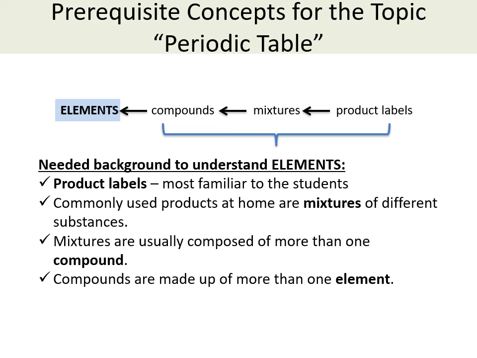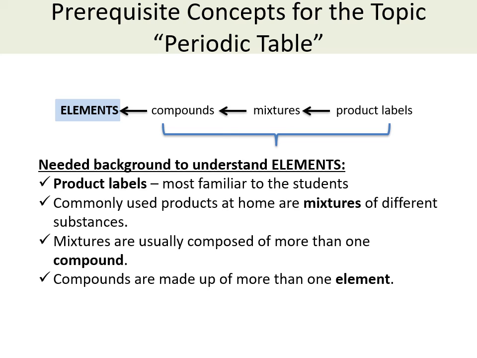Commonly used products at home are mixtures. Again, the commonly used products at home are mixtures of different substances. Mixtures are usually composed of more than one compound, and compounds are made up of more than one element.